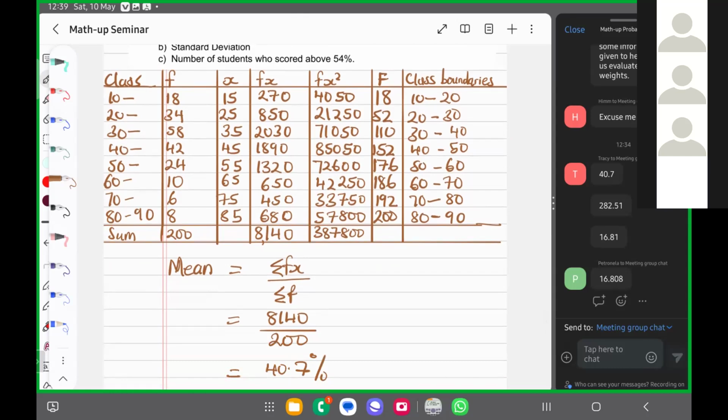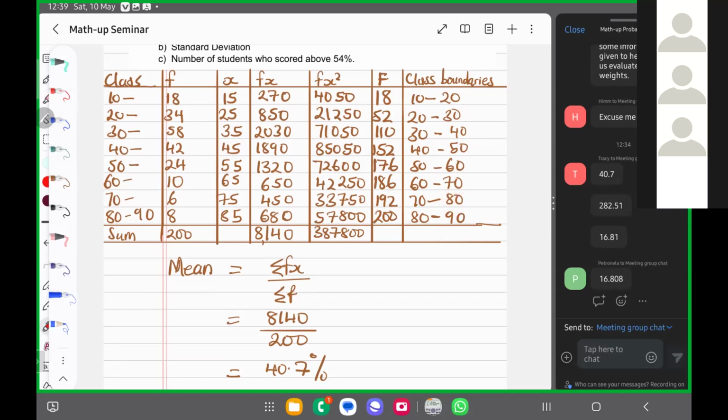This 152 here represents the number of students that scored 50 and below. The cumulative frequency of 120 represents the number of students that scored 40 marks and below. 192 represents the number of students that scored 80% and below.